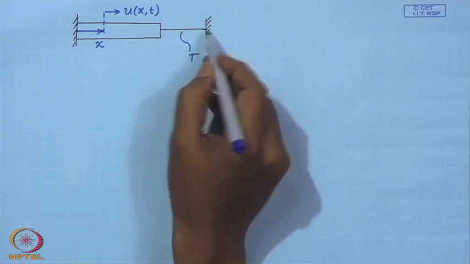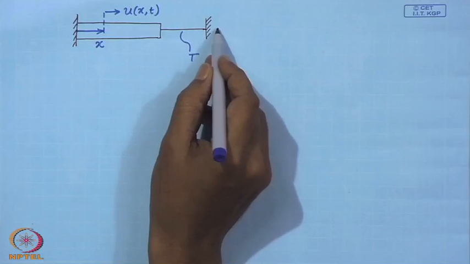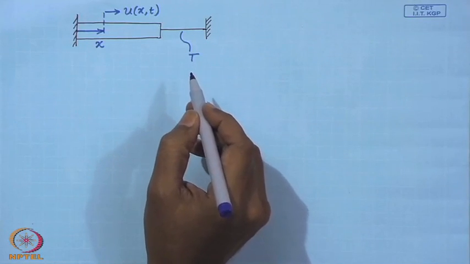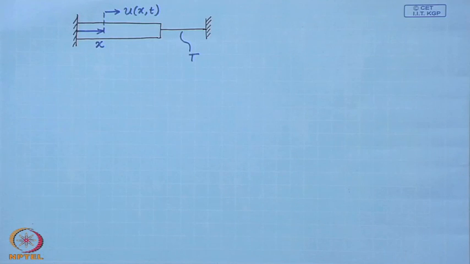Here there is a string which is attached to the free end of the bar and it is under a tension capital T. So, naturally this bar is under extension.